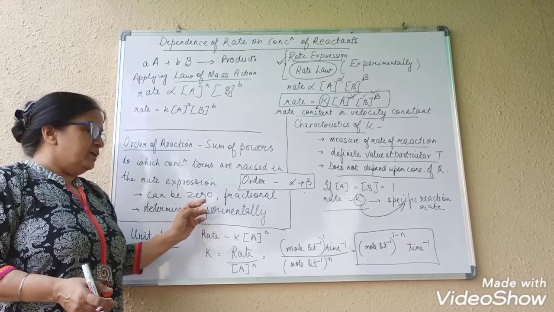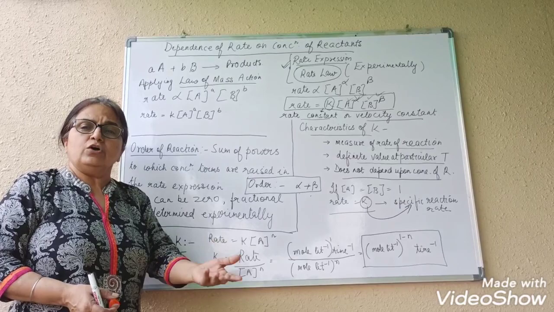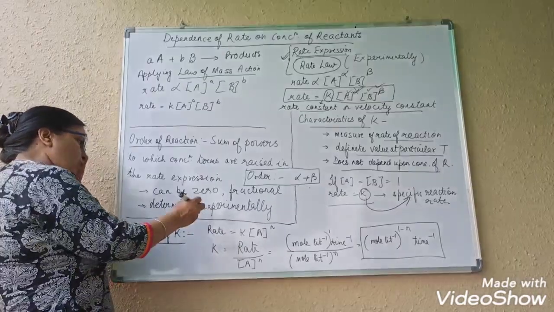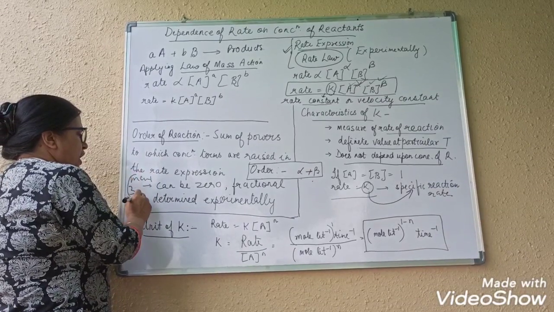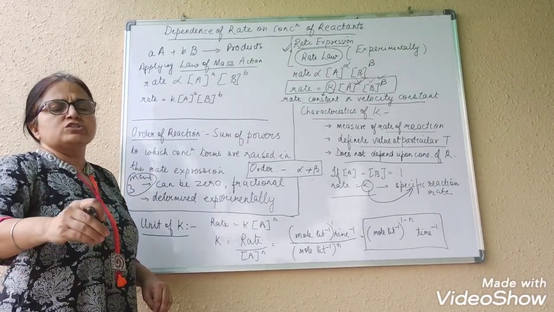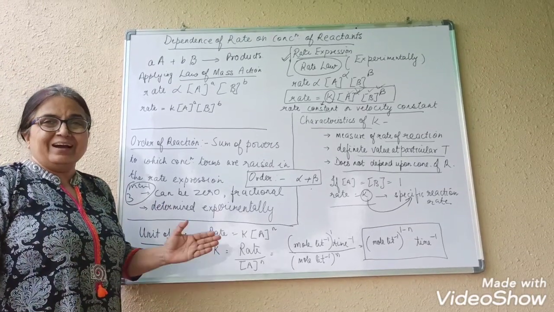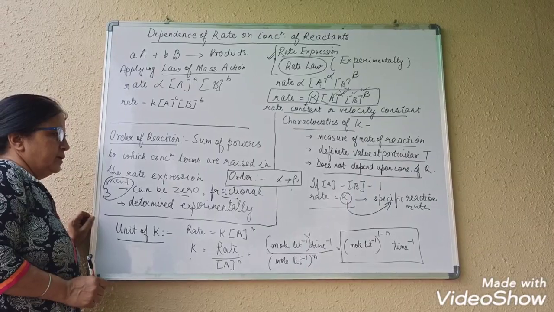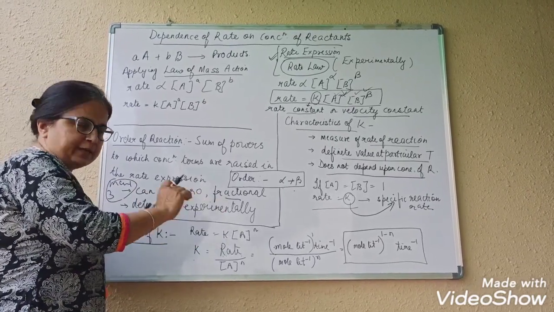If the power is 1, we say first order reaction, then second order reaction, third order reaction. The maximum order we will consider is 3. Of course, some reactions have order even exceeding 3, but for most of the reactions we consider, the maximum is 3.